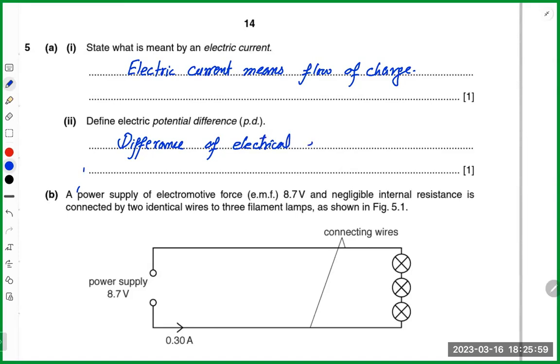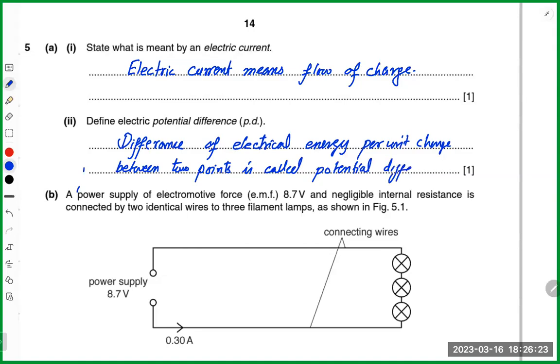Difference of electrical energy per unit charge between 2 points is called potential difference.